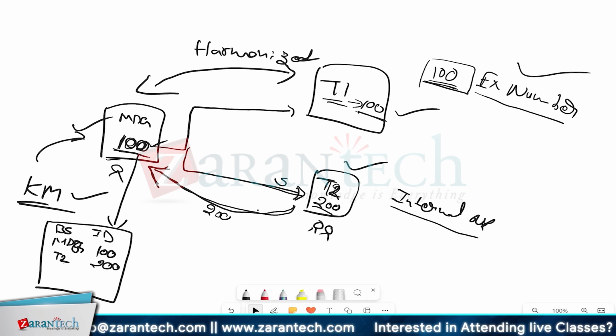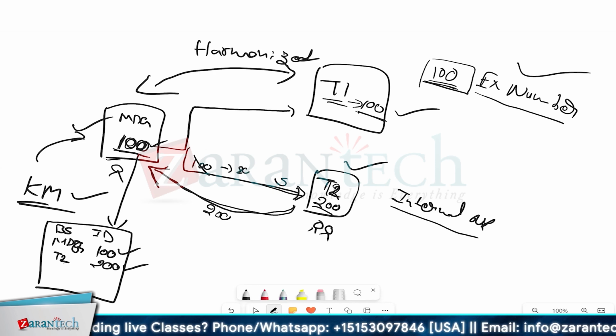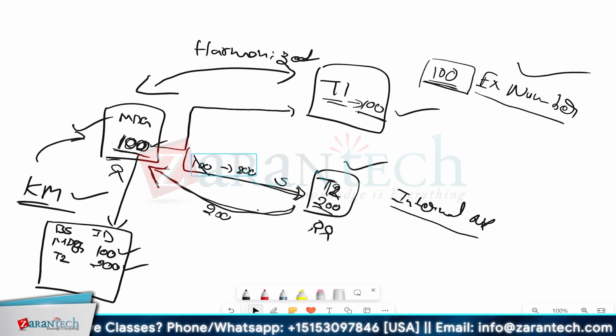In this table, it will look: corresponding to 100, I'm replicating the data to the T2 target system. Is there any entry maintained here? If there is an entry maintained, what is that entry? 200. So in your outbound IDOC, the system will replace material number 100 with 200. In the outbound IDOC itself, the system will replace this value.